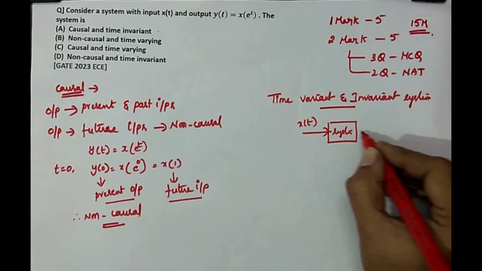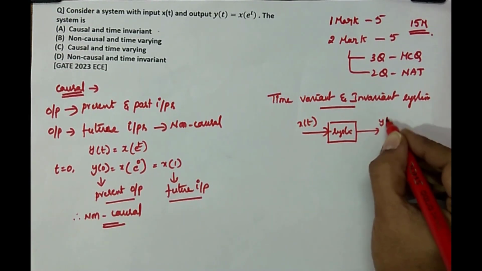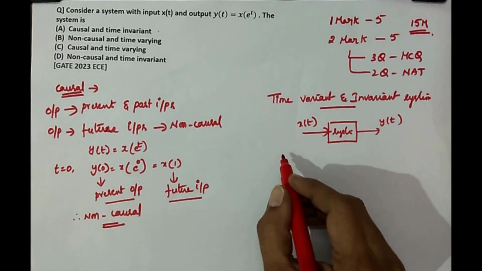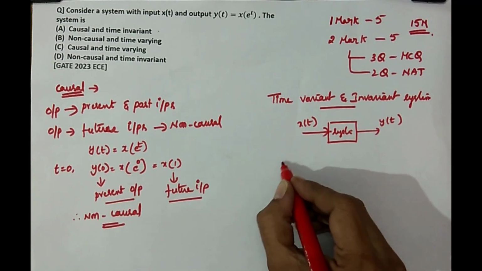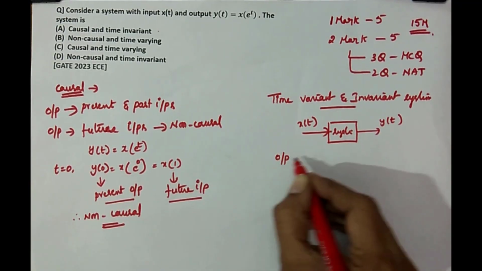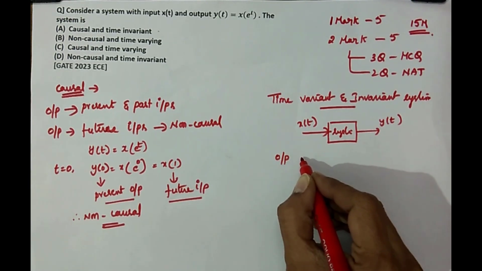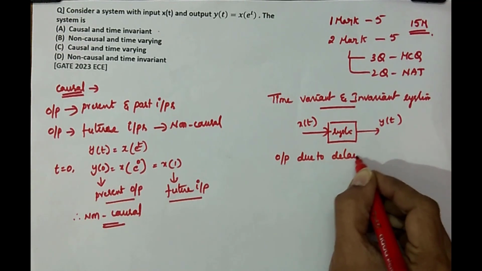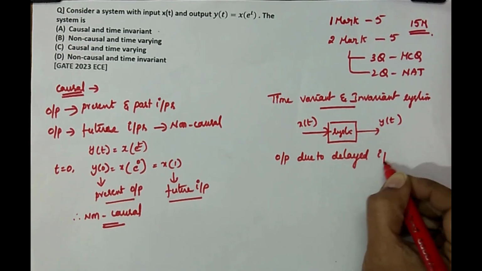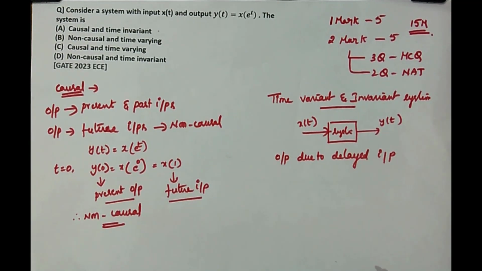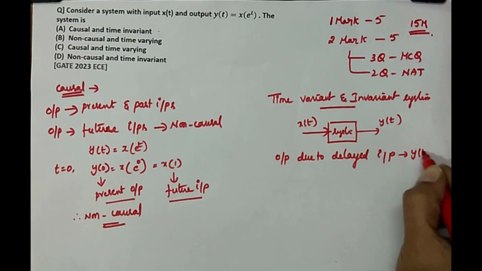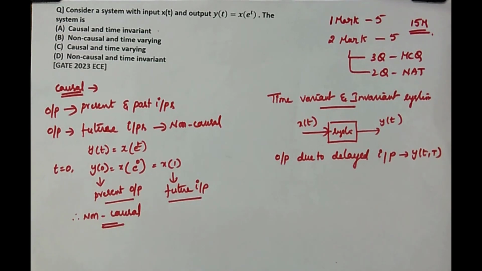Take one input x of t and one output y of t. There exist two things. Output due to delayed input. Let us represent this with y of t comma T.